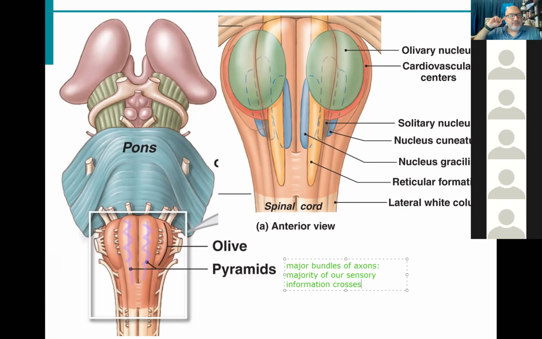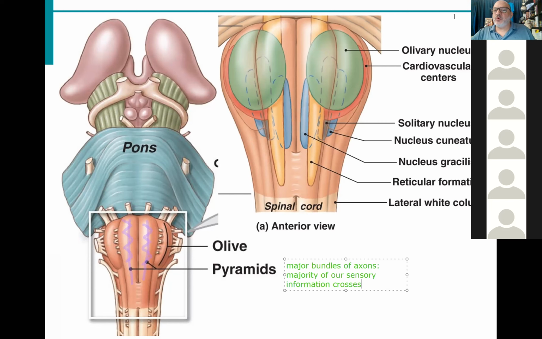If I hear something with my right ear, I process that with the left side of my brain. Here in the pyramids, this is the primary location where the majority of that sensory information crosses. So here in the pyramids, this is actually where information goes from one side to the other in our brain. So that's a useful and important thing to notice.